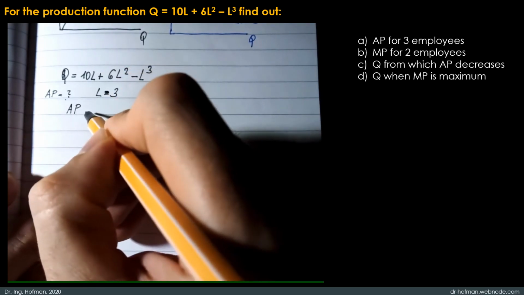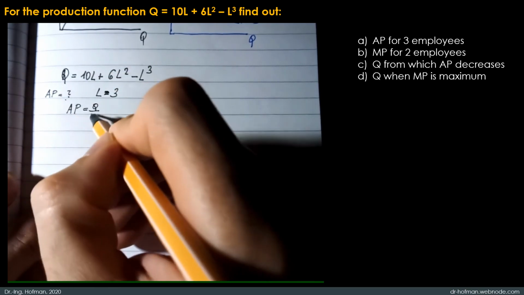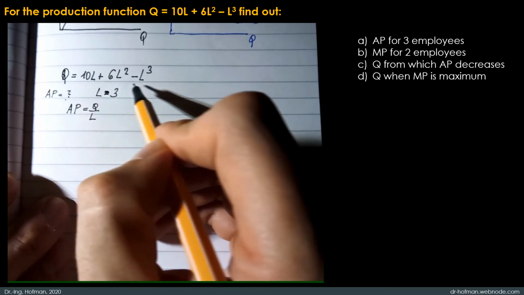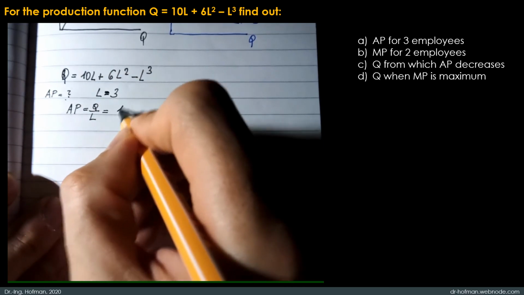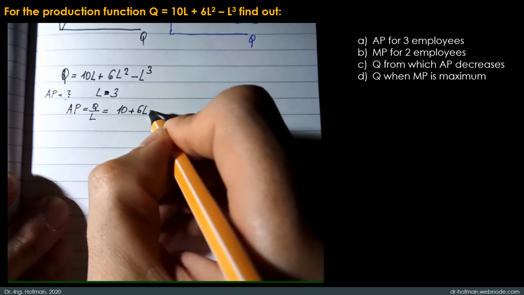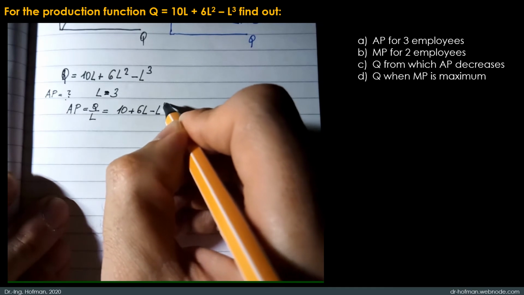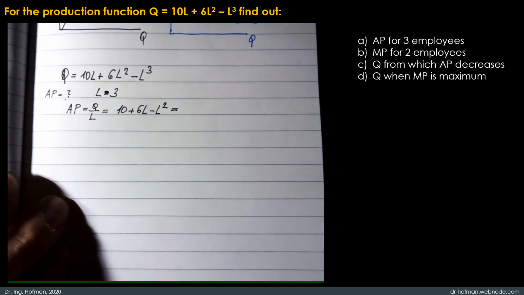You know that the average product is calculated as the relation of Q and L. So we divide this formula through L, which is 10 plus 6L minus L squared.